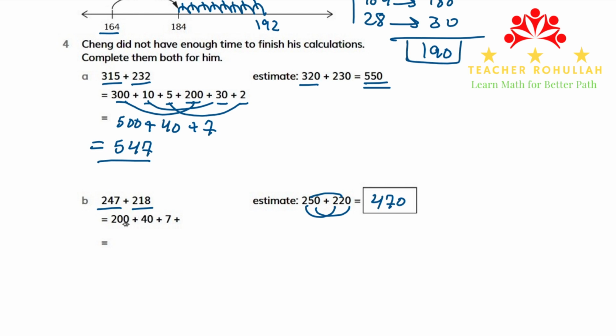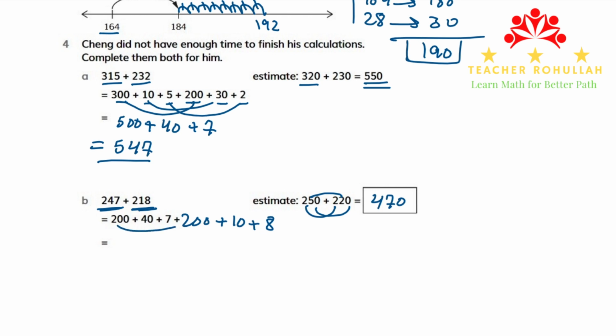So again, over here, he used partitioning. He has partitioned the first number, but not the second number because he didn't have time. So we will partition the second number also. We have 200 plus 10 plus 8.